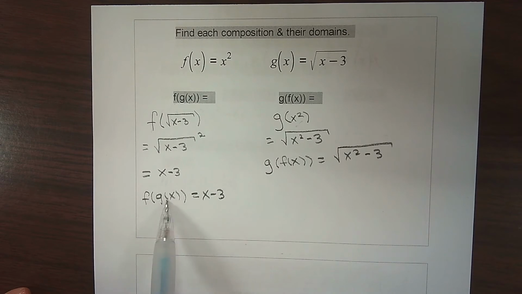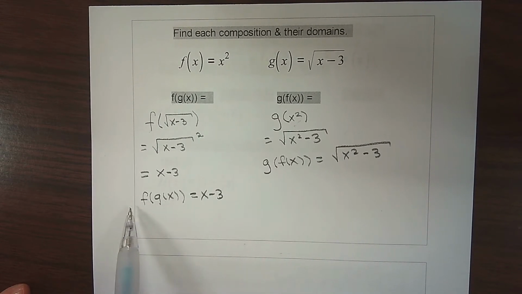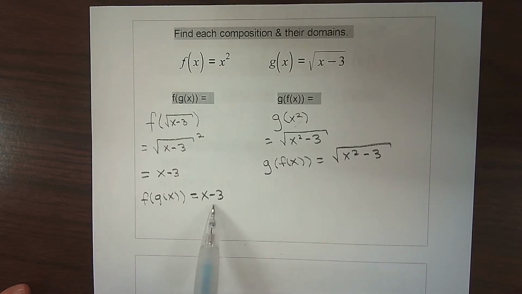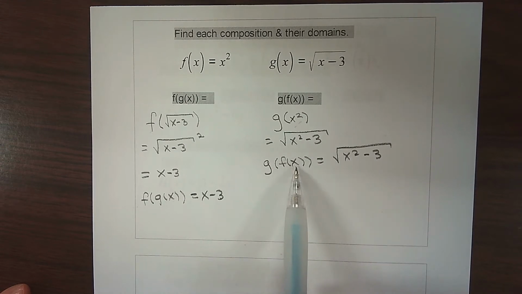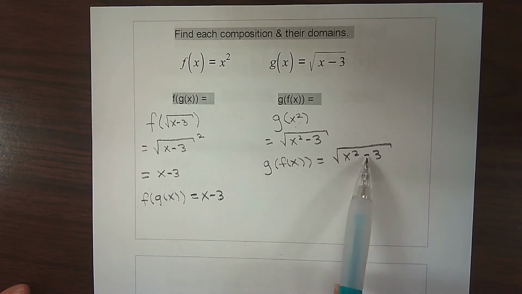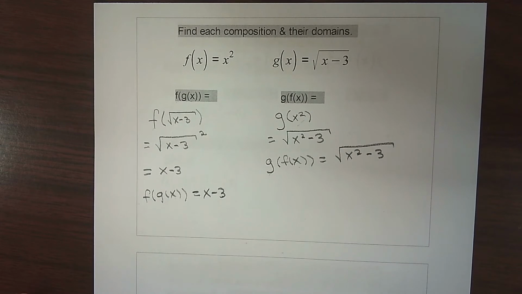If I do g of x, and then follow that with evaluating that in the f of x function, I get something very different than if I did that in the reverse order. So if I evaluate f of x and then plug that result into g of x, again, I get something quite different. So the order of composition, much like subtraction and division, does in fact matter.